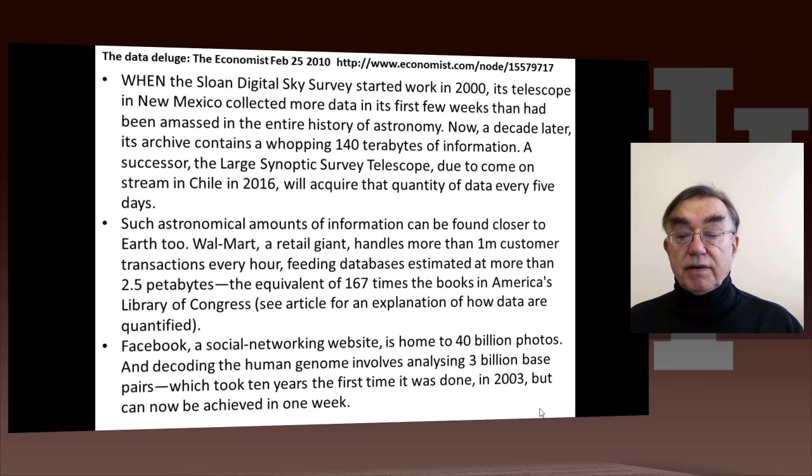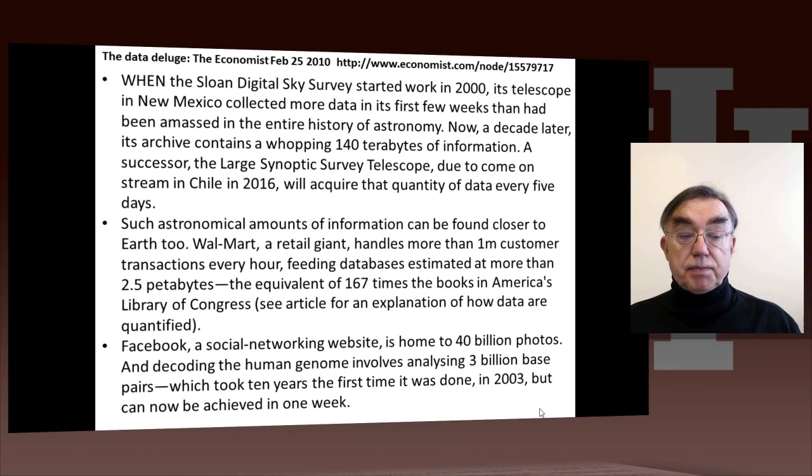It also gives things we've already discussed, that Walmart handles 1 million transactions every hour, and its databases, which is actually smaller than the example of eBay. But remember, this is 2010. I'm sure Walmart's databases are much larger now. It says 2.5 petabytes, and it points out this is very much larger than the amount of information in the Library of Congress.